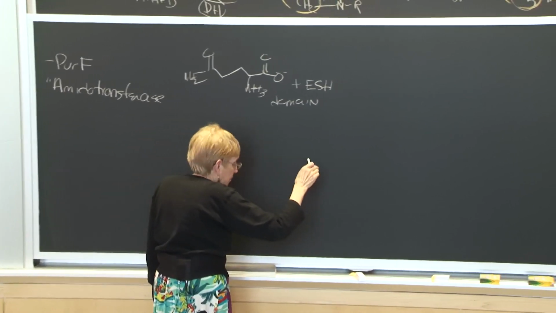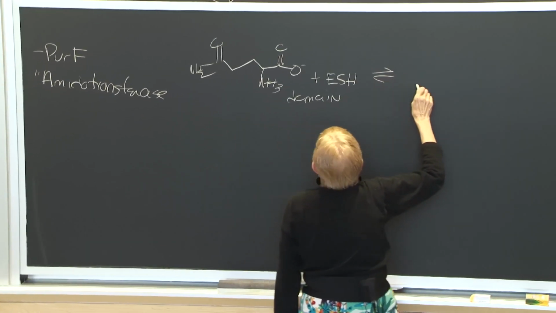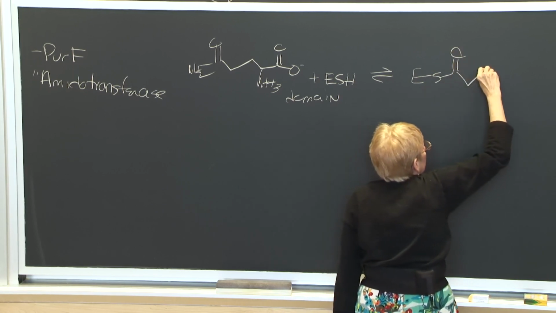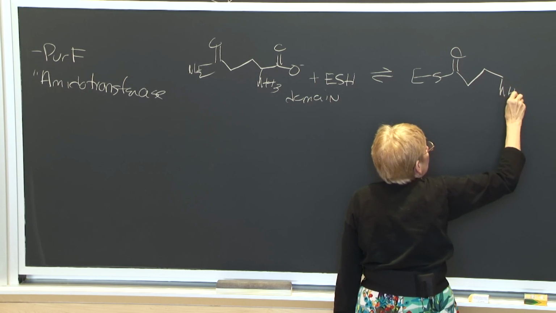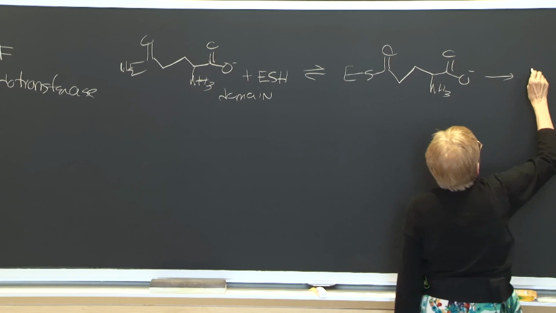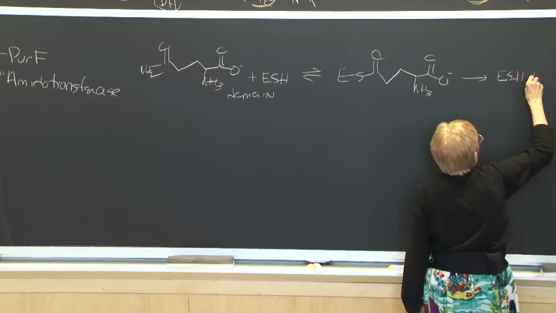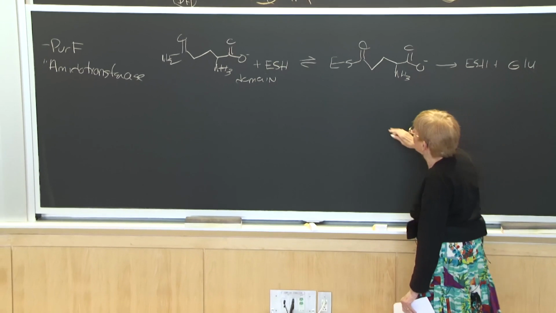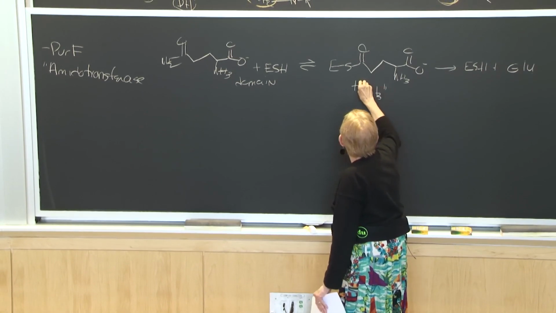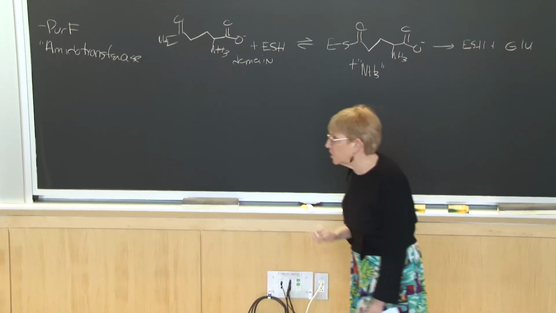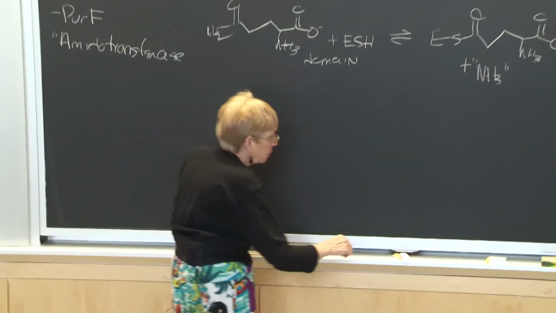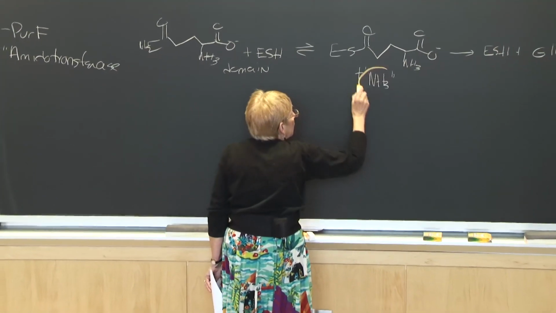So what you do, we've seen this many, many times, is form a covalent intermediate, which then hydrolyzes to glutamate, regenerating the SH. What happened during this reaction is you generate ammonia. The goal of these aminotransferases in many, many metabolic pathways is to generate ammonia.